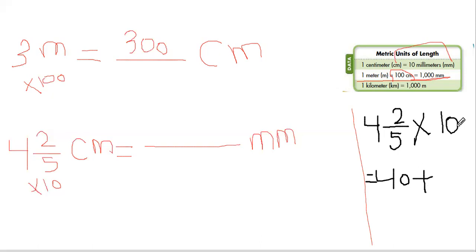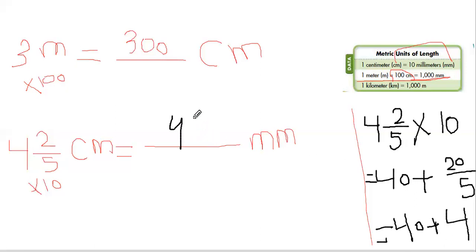We multiply 2 by 10, the denominator with the denominator. 2 times 10 is 20 over 5. And 20 over 5 is 4 exactly. So 40 plus 4 is 44.